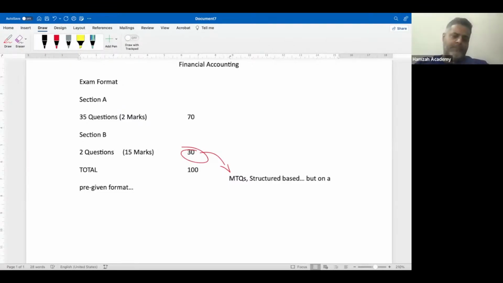It can be the MTQs, multitask questions, where 3, 4 or 5 requirements are given to you within a given scenario, and you have to act accordingly. Mostly these are the MTQs, where you have 3, 4, 5 requirements to approach.